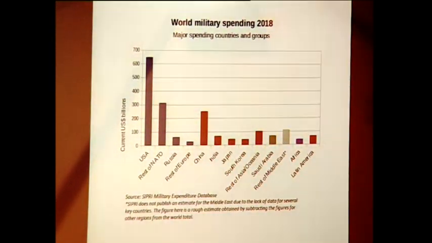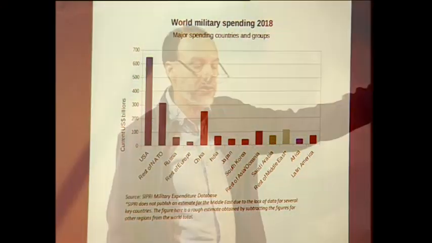Now, world military spending, this is globally, at the nation level, not at the person level. This is 2018. We have the USA topping the list with about $650 billion. Now, this is not the 900 we mentioned earlier, because other expenses are not included in these statistics.